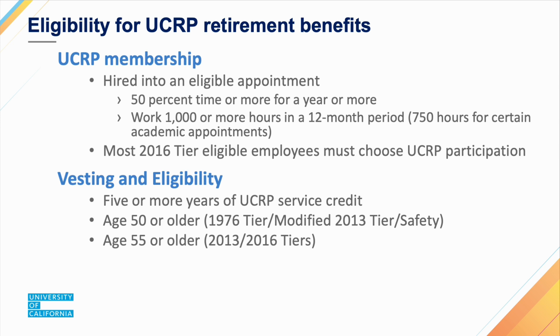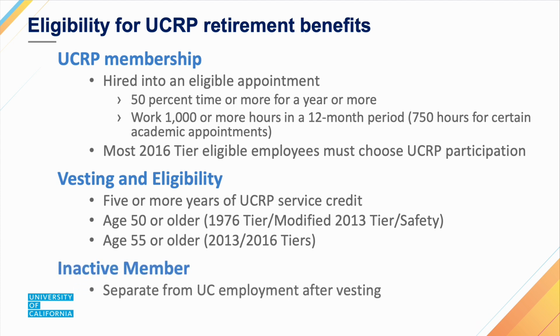If you're a member of the 2013 tier or 2016 tier, you may retire when you reach age 55 once vested. Now, even if you leave UC employment, you may be eligible for UC pension as long as you're vested and don't take a refund of your UCRP contributions. You'll be an inactive member and be eligible to collect retirement income at any time after meeting the minimum retirement age.